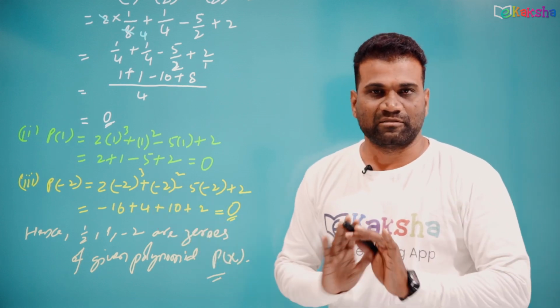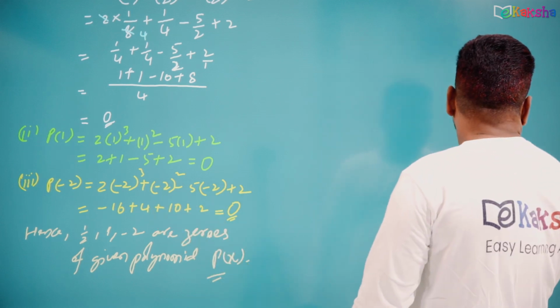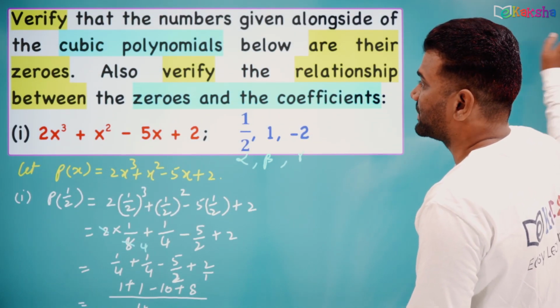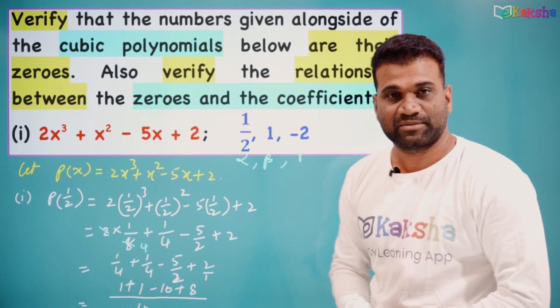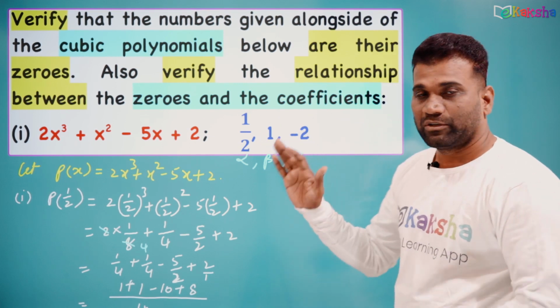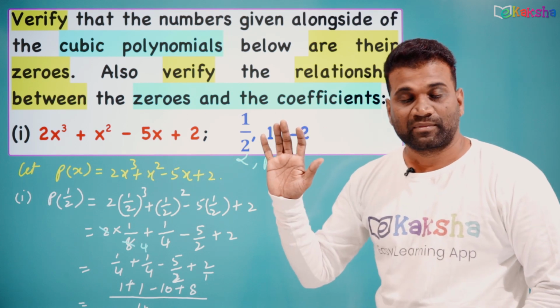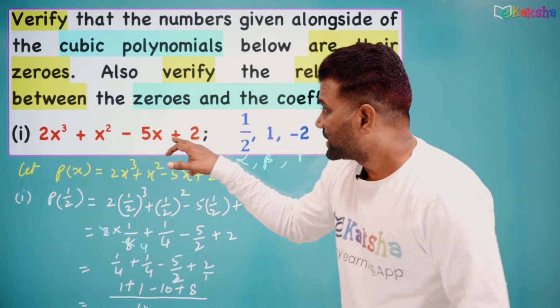Okay, so half the part we have completed. Now we need to verify the relationship between zeros and coefficients. Now we know officially these are zeros of this polynomial. Now what are the coefficients here?